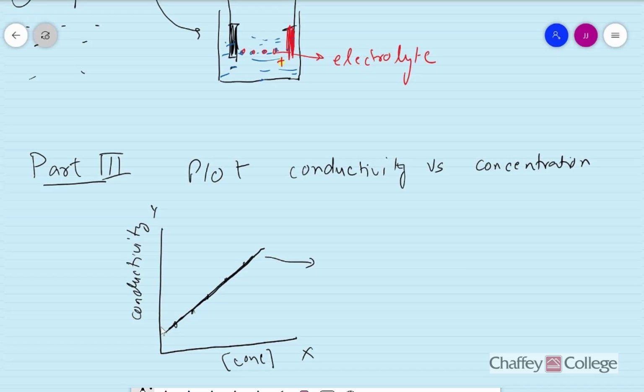So conductivity will be on the y-axis, and the concentration will be on the x-axis.